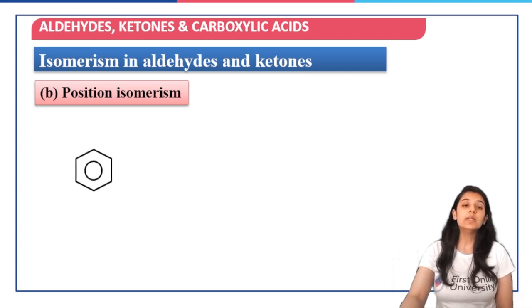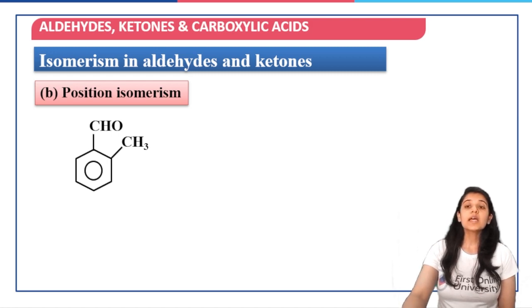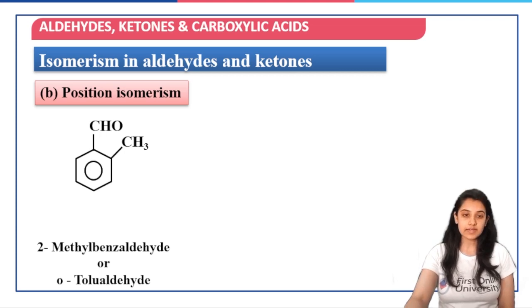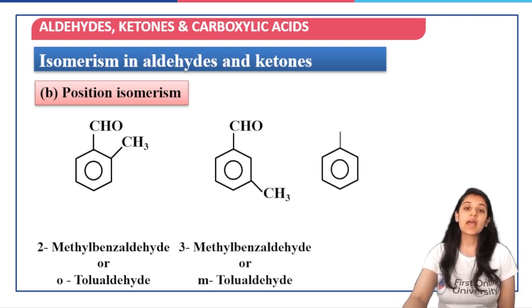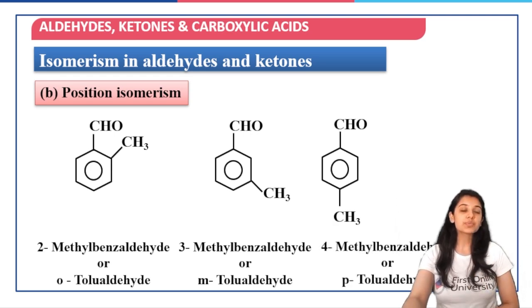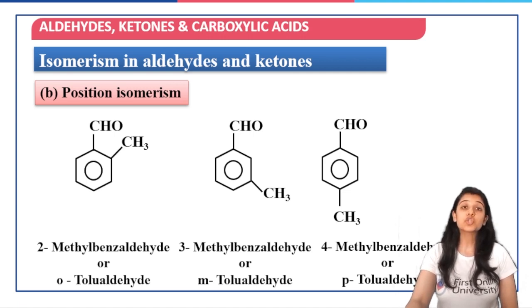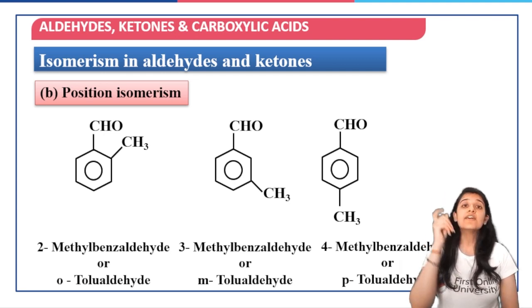For example, if we have 2-methylbenzaldehyde, or we call it orthotolualdehyde, we can have the methyl at the third position. We can have the methyl at the fourth position. That is meta and para isomers. So ortho, meta, para are going to be the three isomers which are called position isomers because we have the difference in the position of the functional group here.